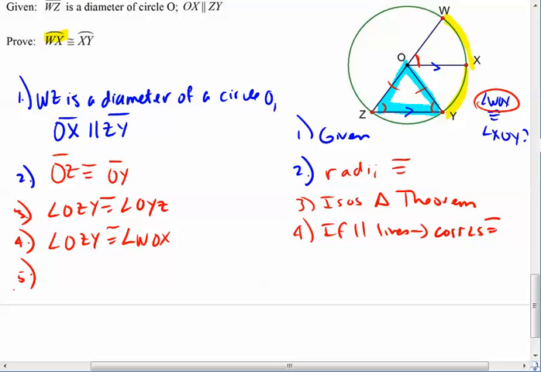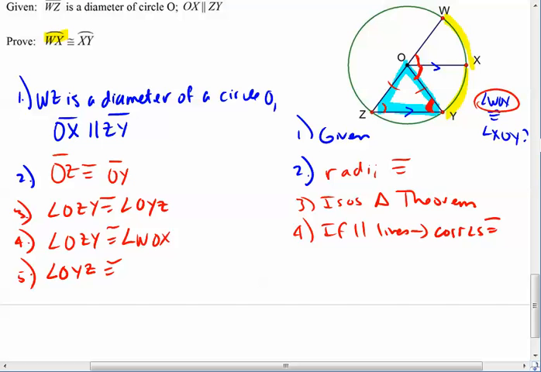And then additionally, I see the other base angle from the blue isosceles triangle. What was that? Angle OYZ. Angle OYZ, emphasizing that highlight right now, should be congruent to XOY.